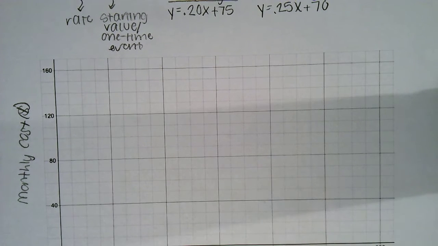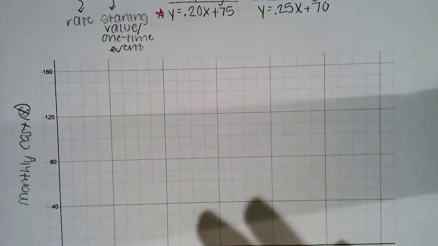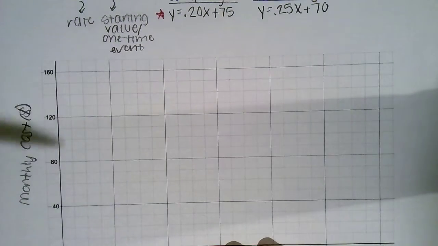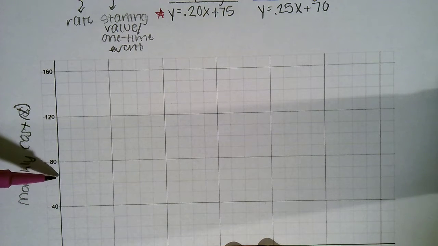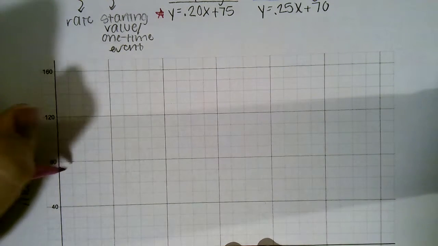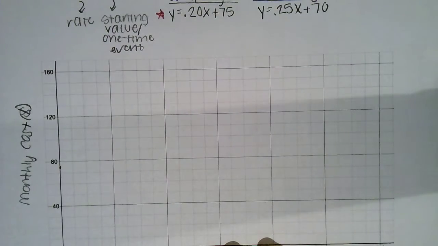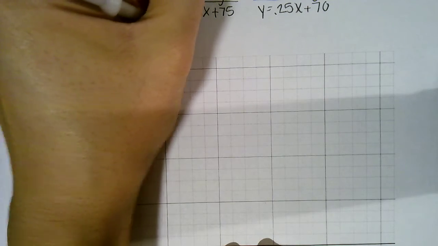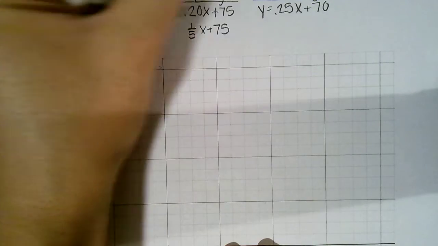So for my first one, let me do this in pink, company A. I have a y-intercept of 75, so here I'm going by tens. So 75 would be right here. It's my y-intercept.